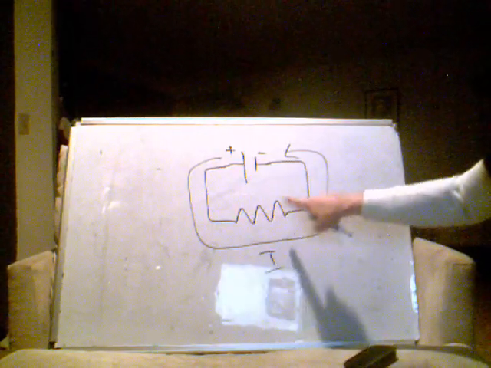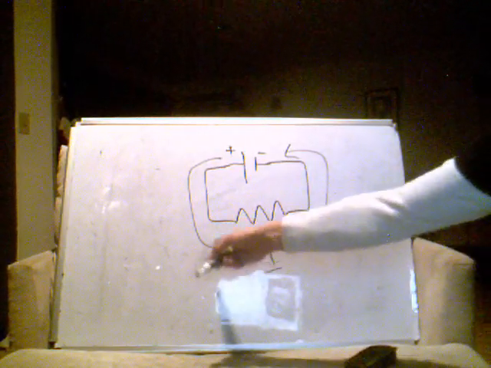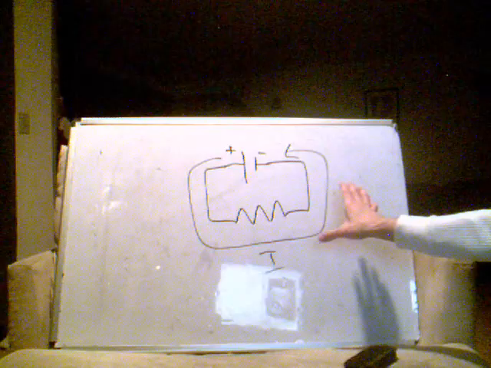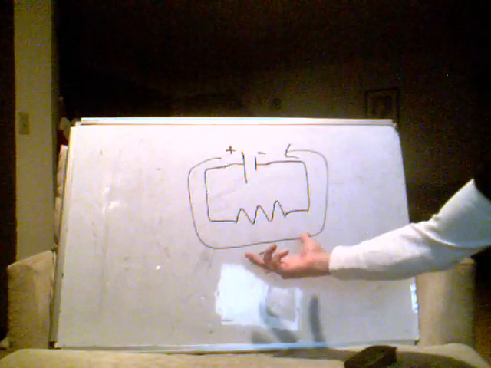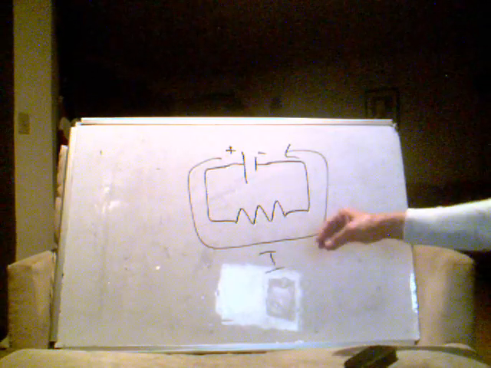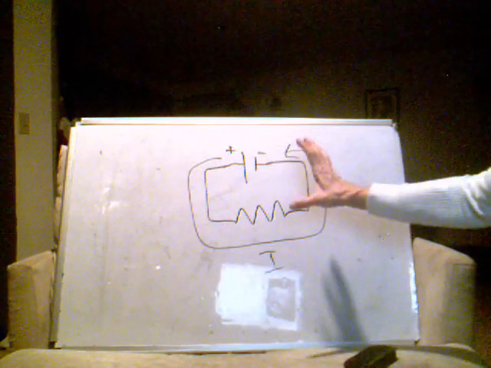And because this resistor resists the flow of current, it's going to be taking some of the energy out of this system, away from the voltage, the battery. And in so doing, it's going to heat up. And as it heats up a bunch, eventually it'll give off light, which is why if you put your hand near an incandescent light bulb, you can feel the heat coming from it.